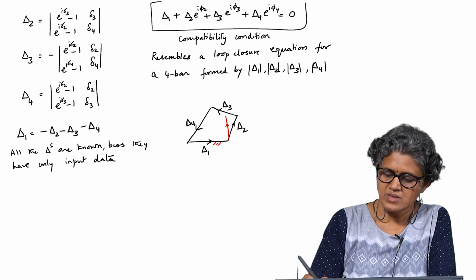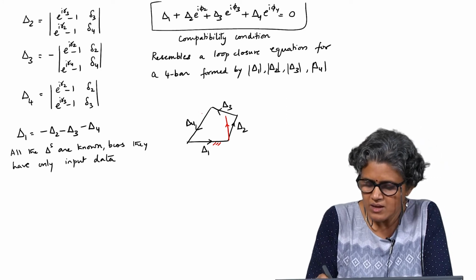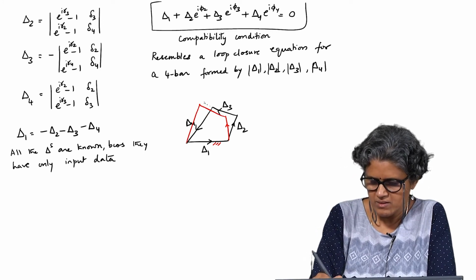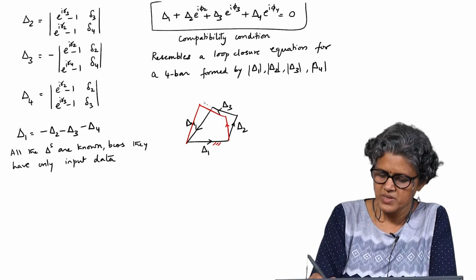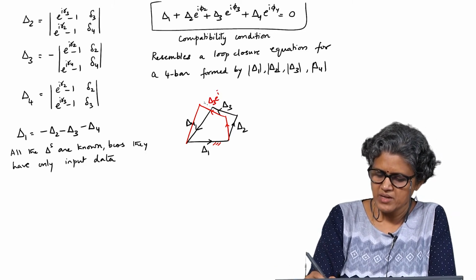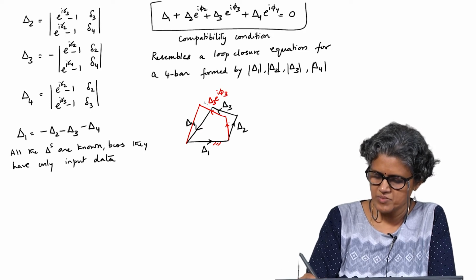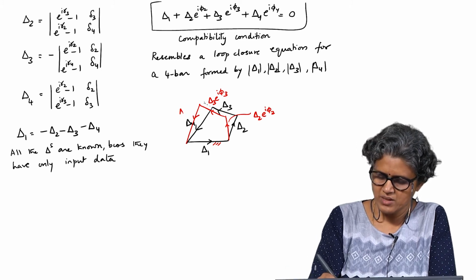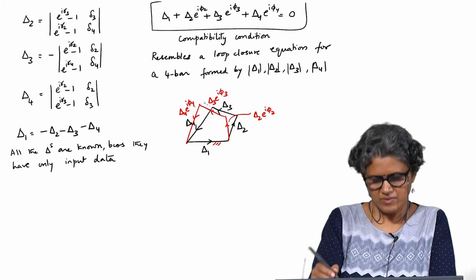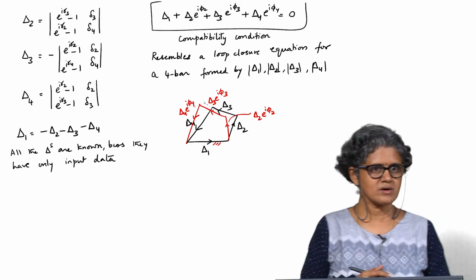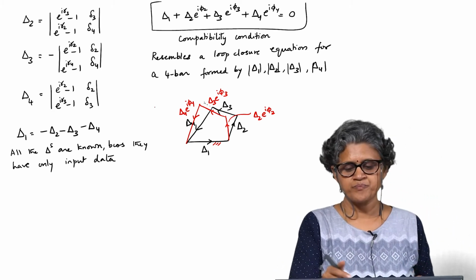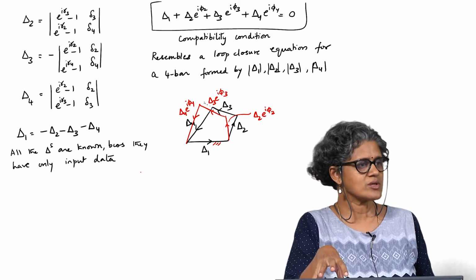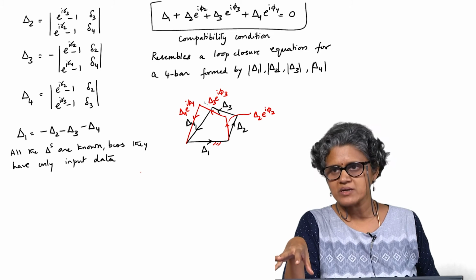Then this would be delta 3 e power i phi 3, this would be delta 2 e power i phi 2, and this would be delta 4 e power i phi 4, where the angle is from the origin. So, it is essentially solving for the other 2 angles in the 4 bar.